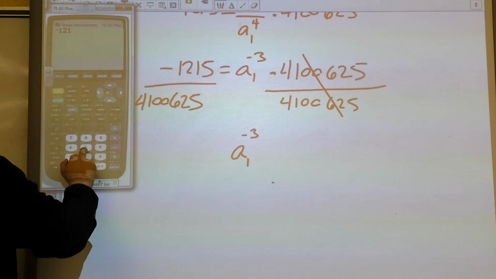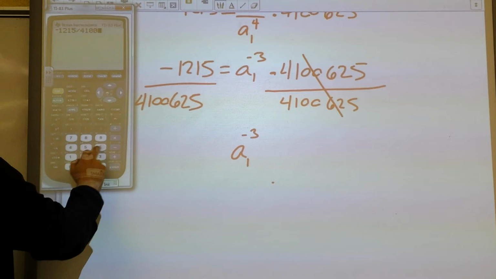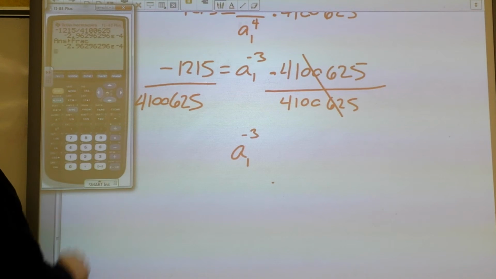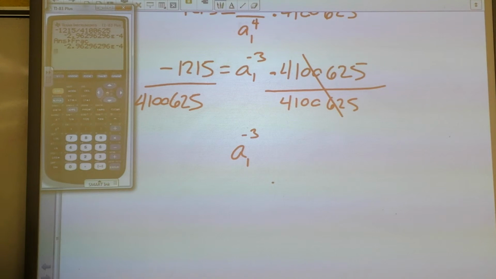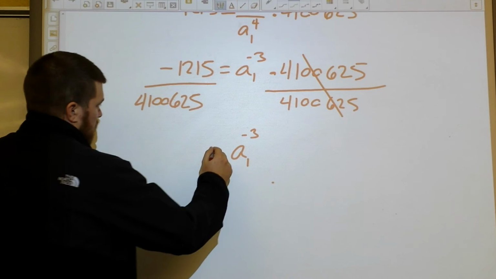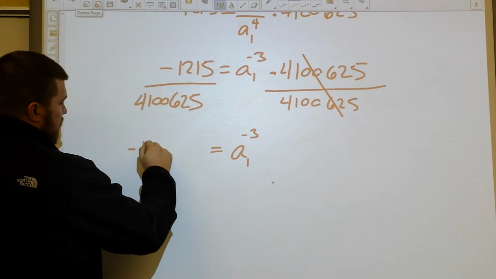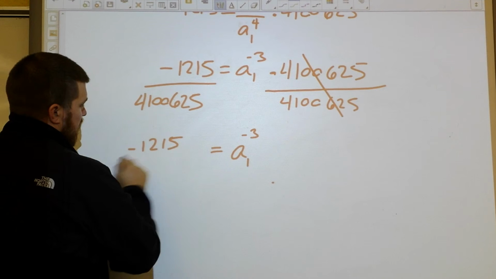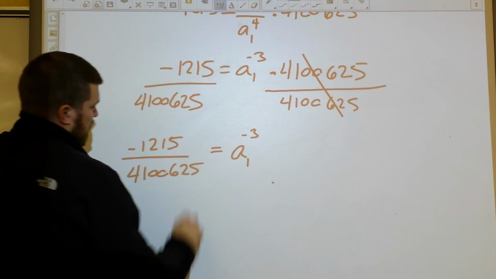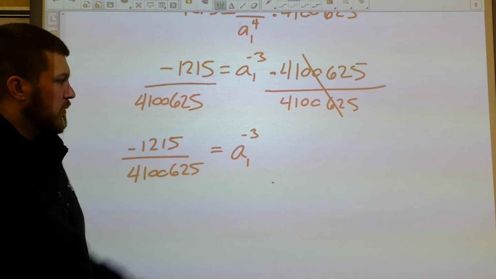So negative 1,215 divided by 4,100,625 is a decimal. Let's try to turn it back into a fraction. Unfortunately, it doesn't reduce, so that fraction is as good as it's going to get. Alright, so we have negative 1,215 over 4,100,625.